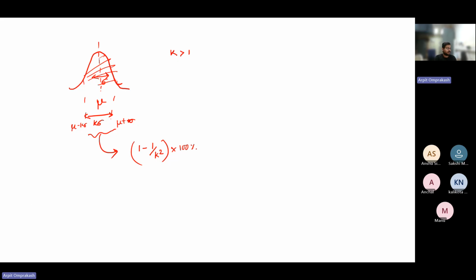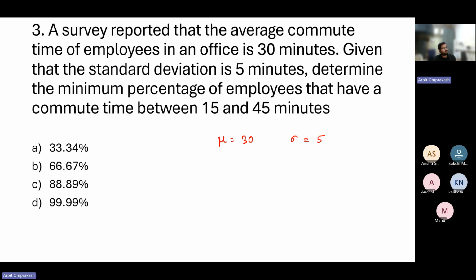So whenever we are asked questions like this, where we have to estimate what proportion of the data is present within a given range, we need to generally use this theorem. So in this case, first of all, we need to figure out the value of k that we should be using.